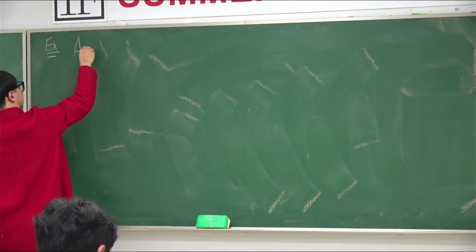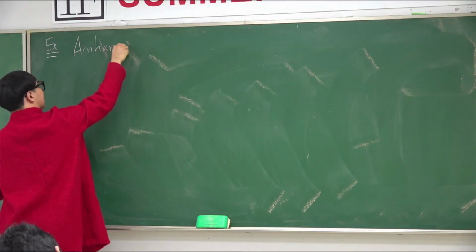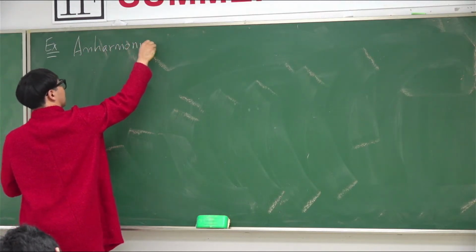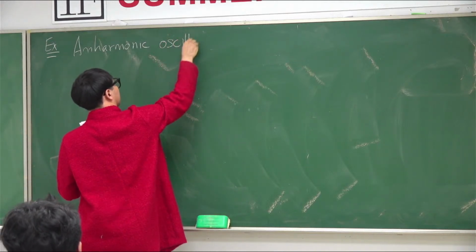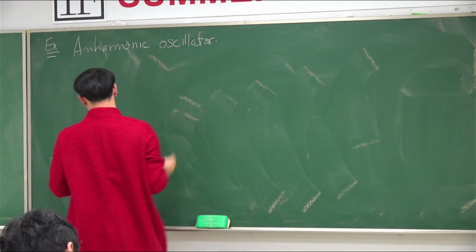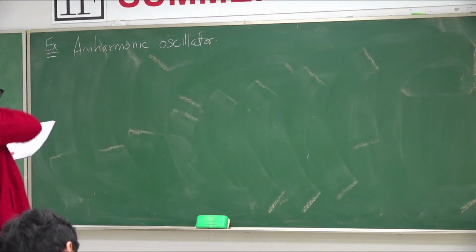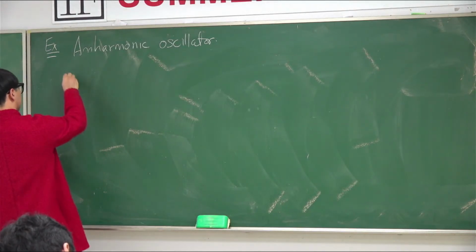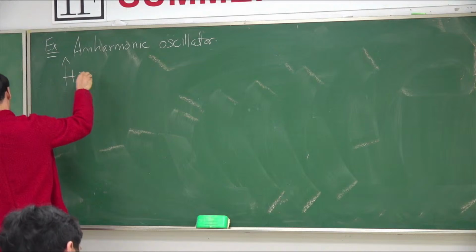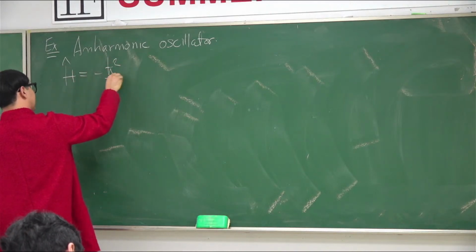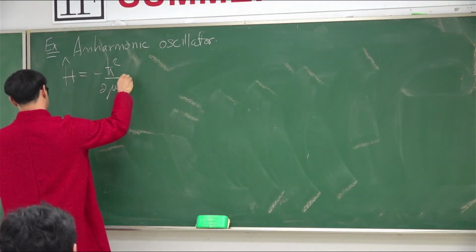So you're going to look at the anharmonic oscillator. Your Hamiltonian is given in this form.